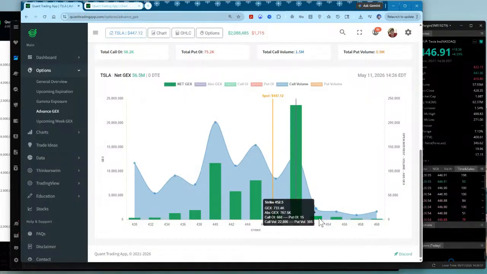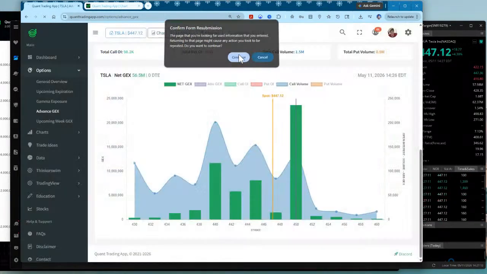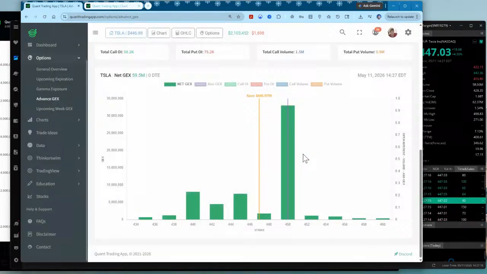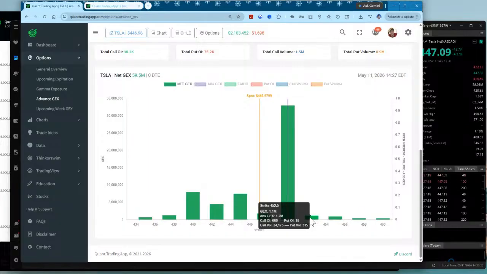So let's see. 452 right now has roughly 733,000, 0.4 for the gamma exposure. And as we get closer to that, that may change. And if this starts changing, see, now we're up to 1.1 million. So interest is growing above our initial target.